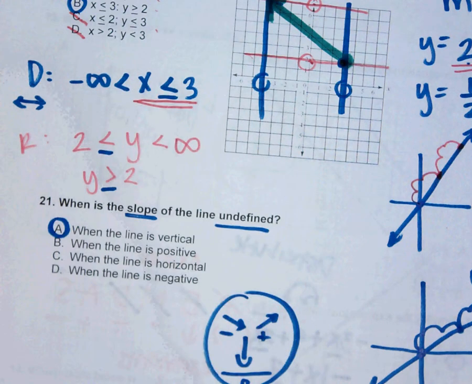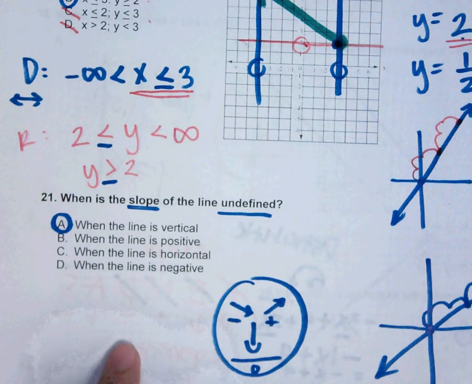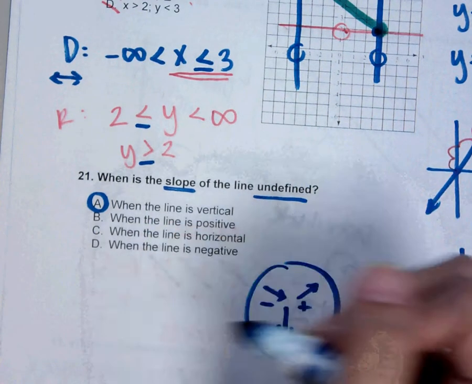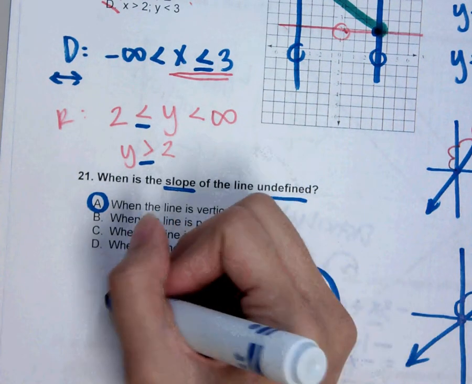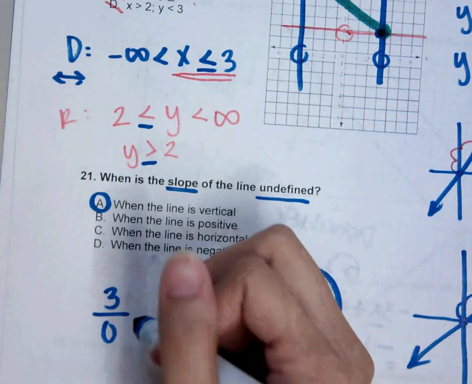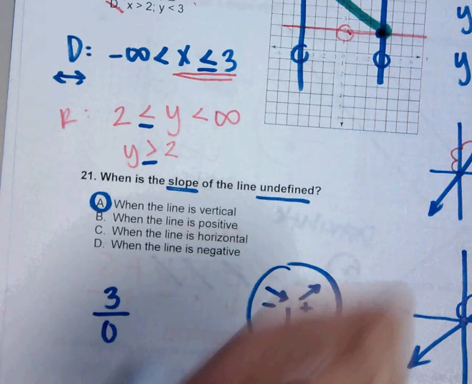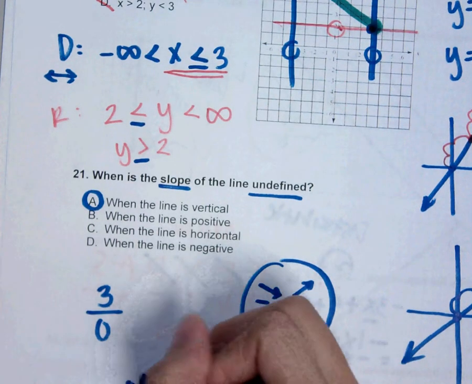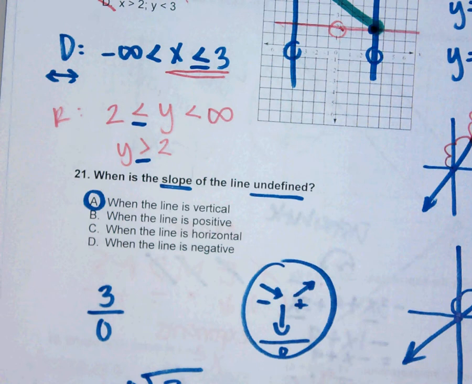Vertical line. Other things that you may see for it to be undefined, and you could probably try this in your calculator. Let's say for instance, 3 over 0, can I divide 3 by 0? Or even 0 divided by 3. How many times can 0 go into 3? We don't know.